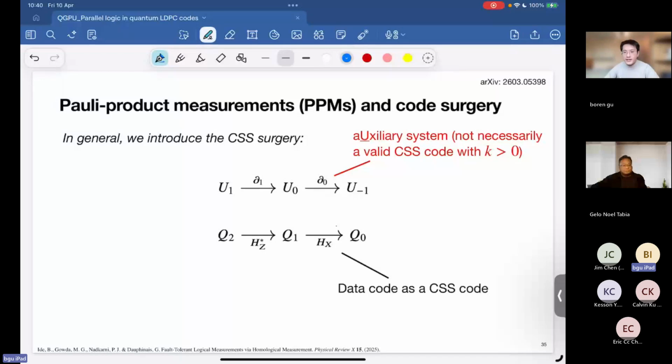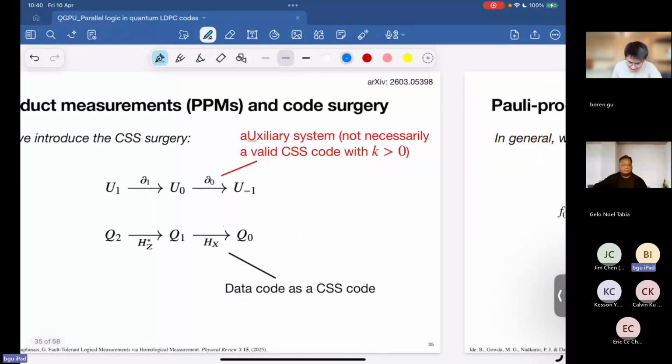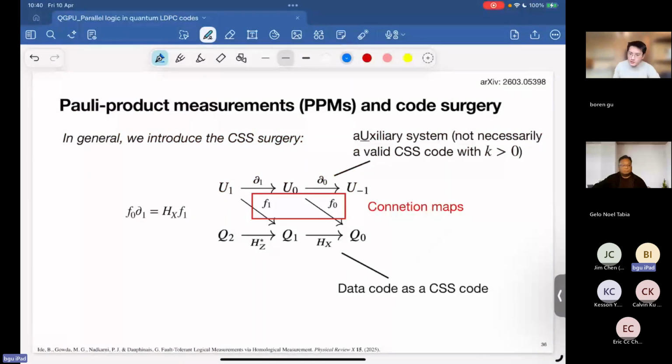However, they are not necessarily a valid CSS code in terms of code distance or logical dimension, so it can be something very trivial. For example, in the surface code lattice surgery, if you have distance d, then d minus 1 physical qubits aligned on a line. What matters really is how you connect these two systems: the connection map. You want this connection map to commute, meaning you need an extra condition that this direction equals this direction.